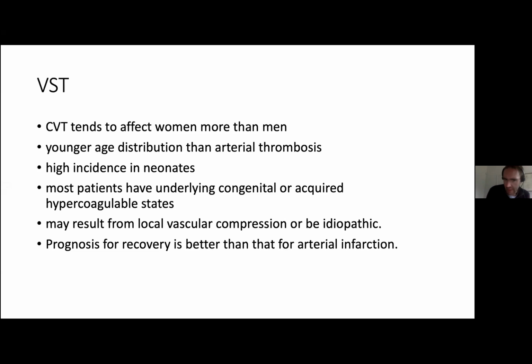Most of these patients have underlying congenital or acquired hypercoagulable states, but they can result from local vascular compression, or it can just be idiopathic. One thing to really understand is that if you can sort it out and you can get recanalization, the outcome is better than for people that have arterial infarctions.